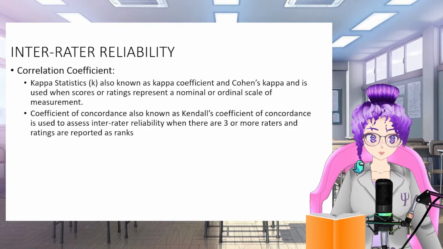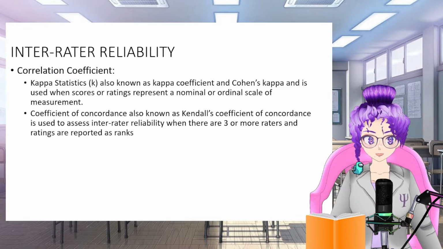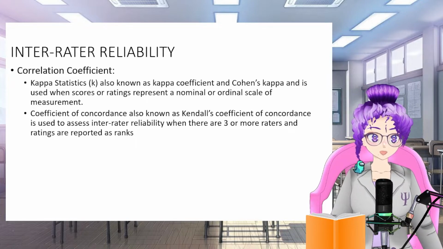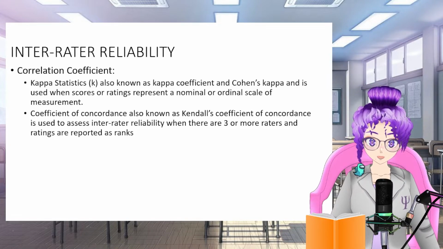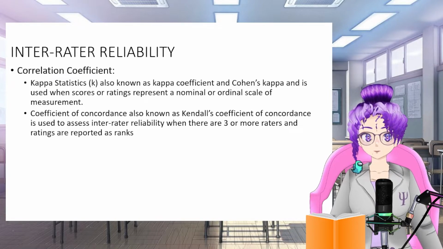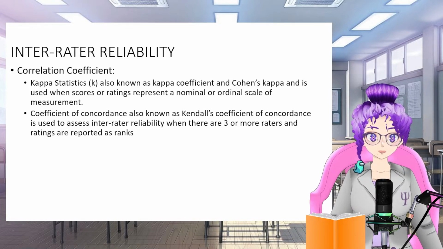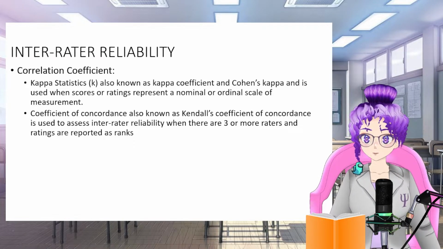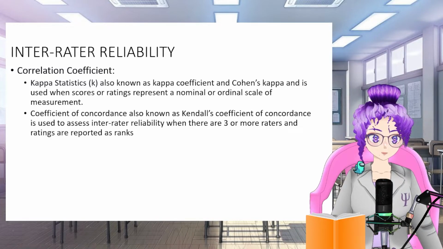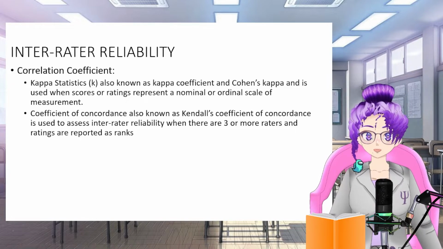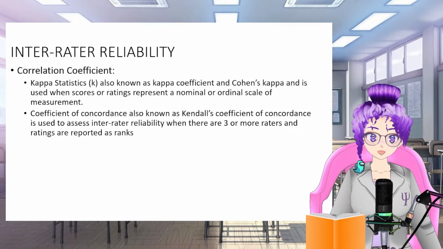So if your behavioral observation checklist uses nominal or ordinal scales, you will use the kappa statistic to measure its reliability. The coefficient of concordance is also known as Kendall's coefficient of concordance, and it is used to assess inter-rater reliability when there are 3 or more raters and ratings are reported as ranks. Okay, so it is also used when your behavioral observation checklist or projective test uses ranking or an ordinal scale as a form of measurement.